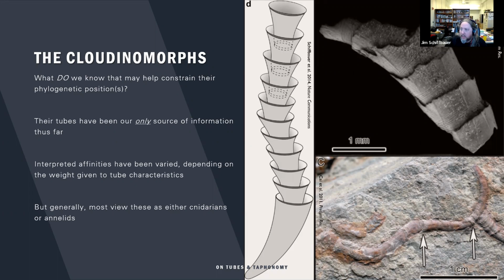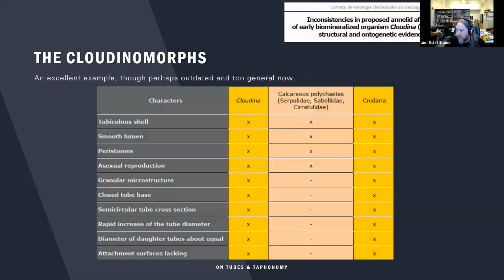And this is something that people have been doing for quite some time. This is a really great example from Vinn and Zaton's work back in 2012, so just a little over a decade ago. And this was relatively simple, but it was important nonetheless to look at some of the characters that Cloudina proper has and try to relate those to similar characters that we know in modern tube-dwelling cnidarians and modern tube-dwelling calcareous polychaetes.